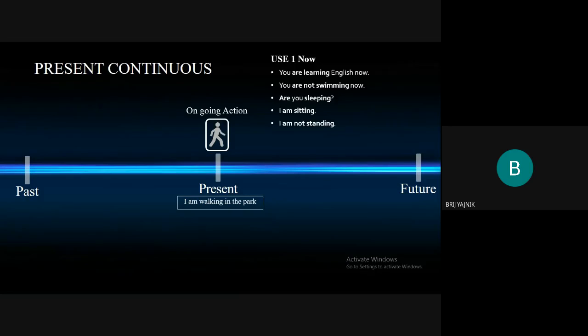You are learning English now, so we all are, and that's what we are doing right now. You're not swimming right now, so that's something we are not doing. It's going on as of now. I am sitting and I'm not standing is also something that's going on right now. So one way we use present continuous tense is to talk about an action going on as we speak.